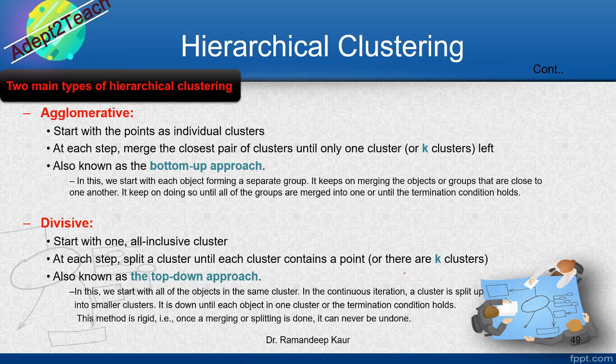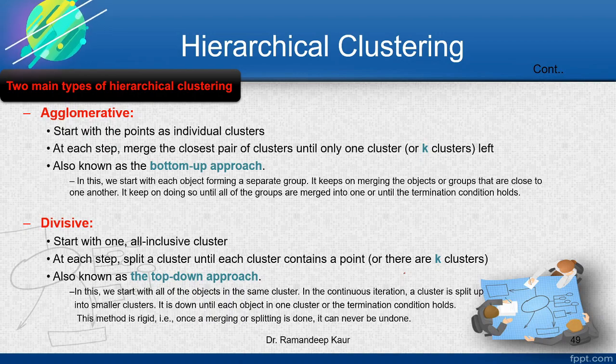That means based on whether you are first taking a big cluster, then subdividing into smaller clusters, or you are first taking smaller clusters and then combining to form the bigger clusters. So based on that, we have the names bottom-up approach or agglomerative approach and top-down approach or divisive approach.